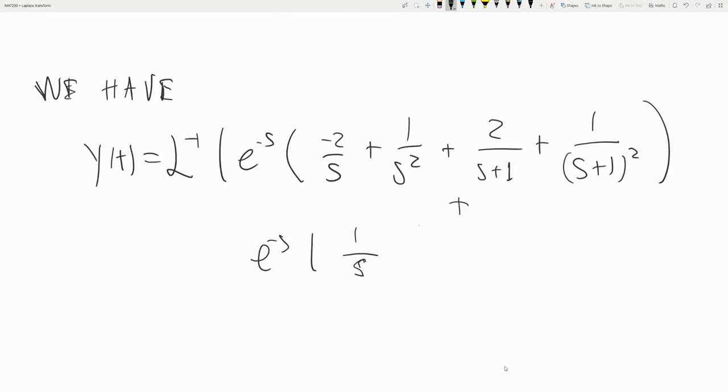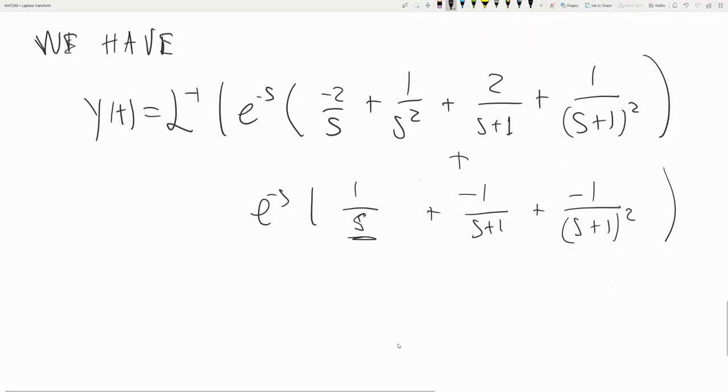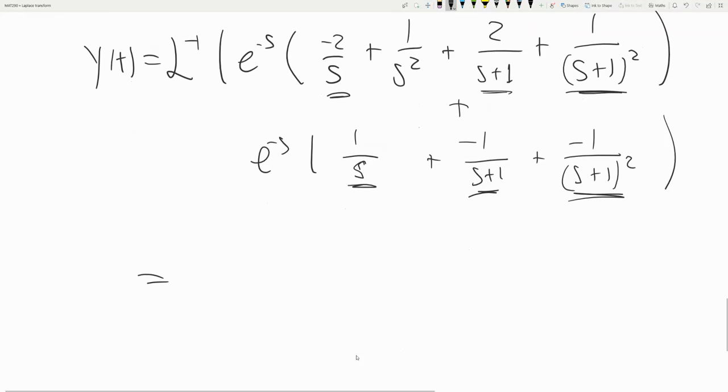This is the second term. Minus 1 over s plus 1. Minus 1 over (s plus 1) squared. But yeah, you can group things together. This with this, and this with this. So you have cancellations, and you're left with the following.